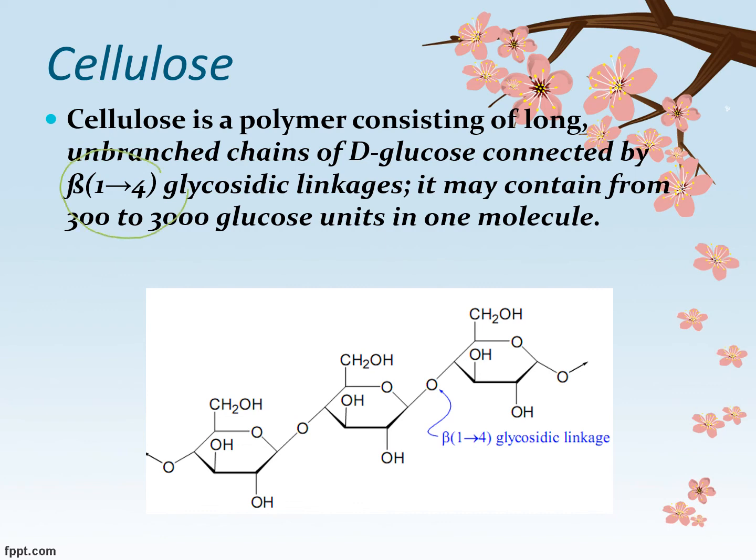They are both straight, unbranched chains, but they are joined by different glycosidic linkage. Amylose is alpha 1 to 4, cellulose is beta 1 to 4. It may contain from 300 to 3000 glucose units in one molecule of cellulose.